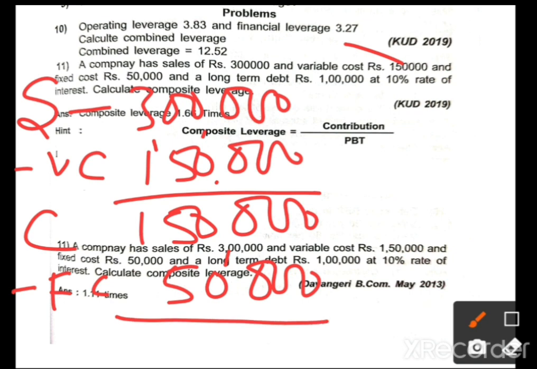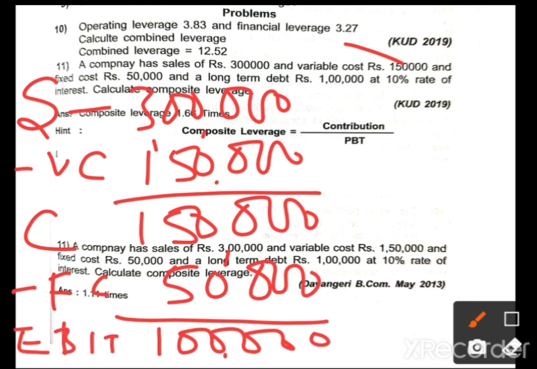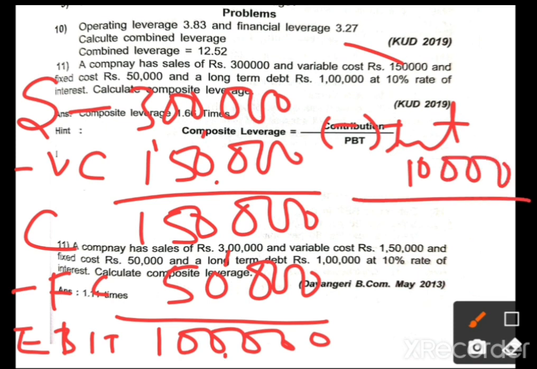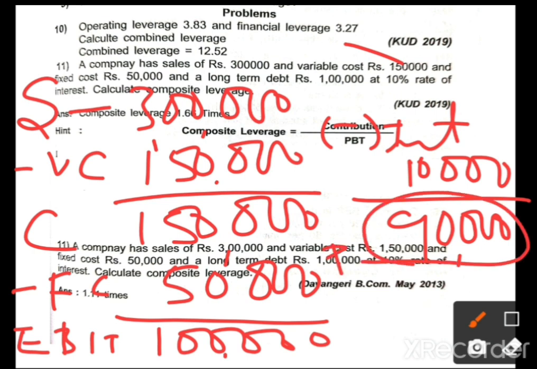So next we get 1 lakh rupees. This 1 lakh is EBIT, earning before interest and tax. We'll continue this. EBIT is 1 lakh rupees. In that, again we have to minus interest. Interest is 1 lakh into 10%, this is 10,000. So remains 90,000. This 90,000 is PBT, profit before tax.